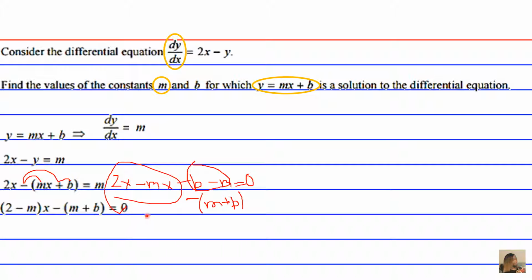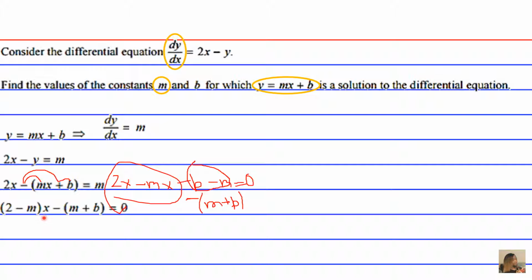The leading coefficient for x on the left-hand side is 2 minus m, but since x isn't present on the right-hand side, we know that this 2 minus m could also be equivalent to 0. This isn't a trick that a lot of people do for algebraic solutions.